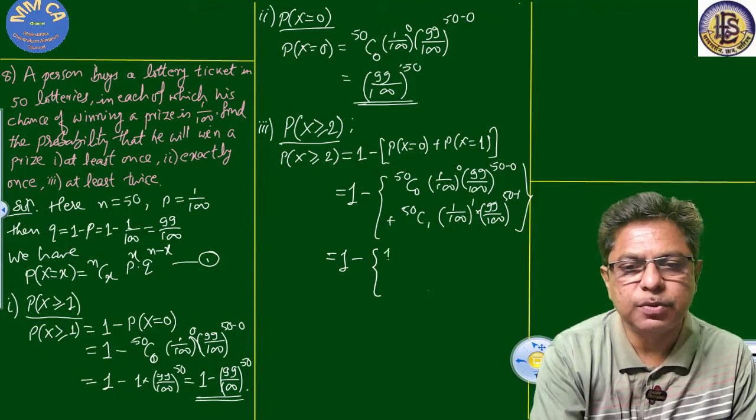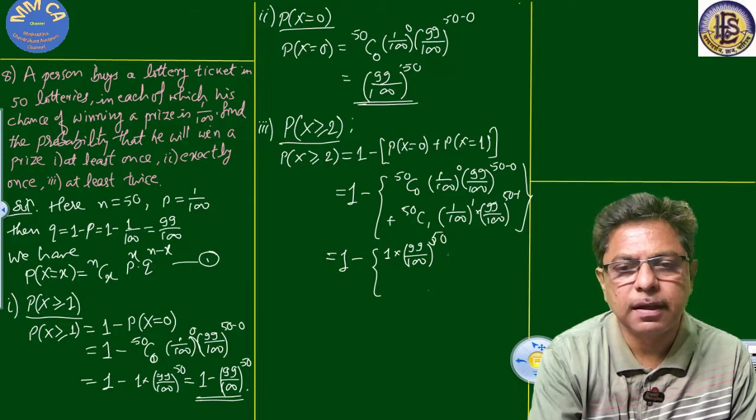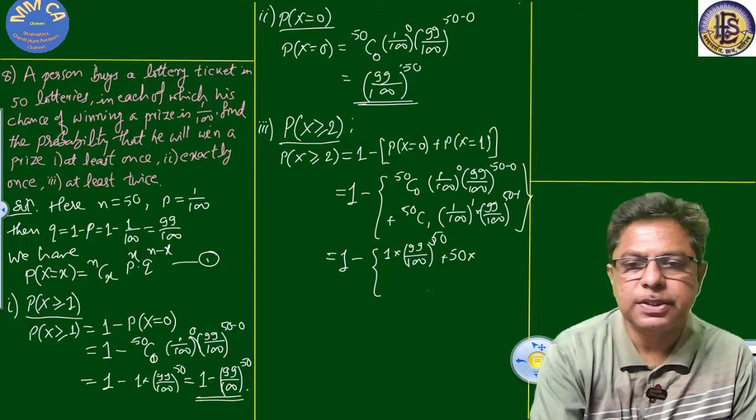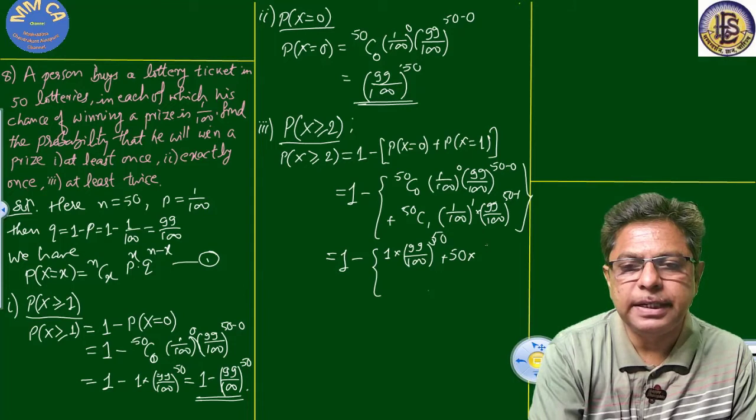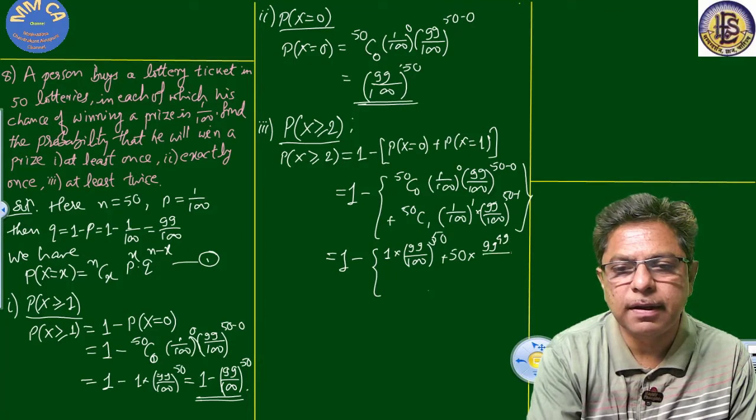50C0 is 1 into (1/100) raised to 0 is 1, so this is (99/100) raised to 50, plus 50C1 is 50 into 99 raised to 49 divided by 100 raised to 50.